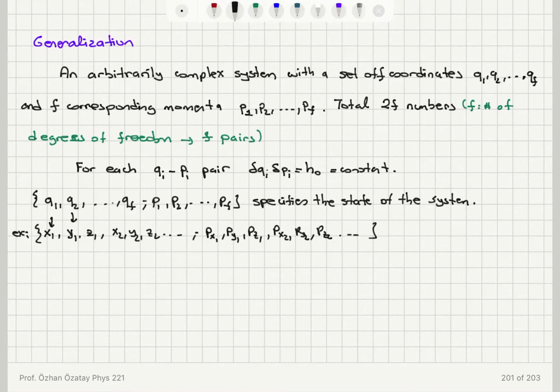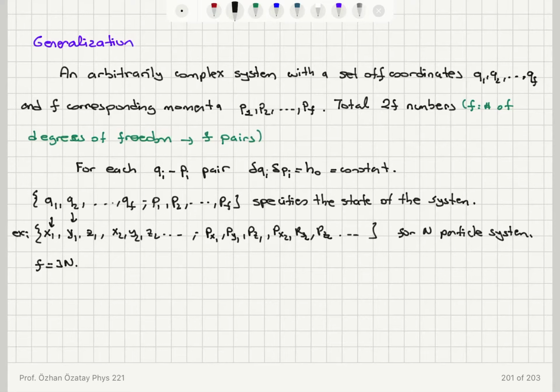Since F is the total number of pairs that I'm going to get here, for an n particle system, you would have for each particle three pairs: x1 px1, y1 py1, z1 pz1. F would be equal to 3n, right? So let's keep that in mind as an example.